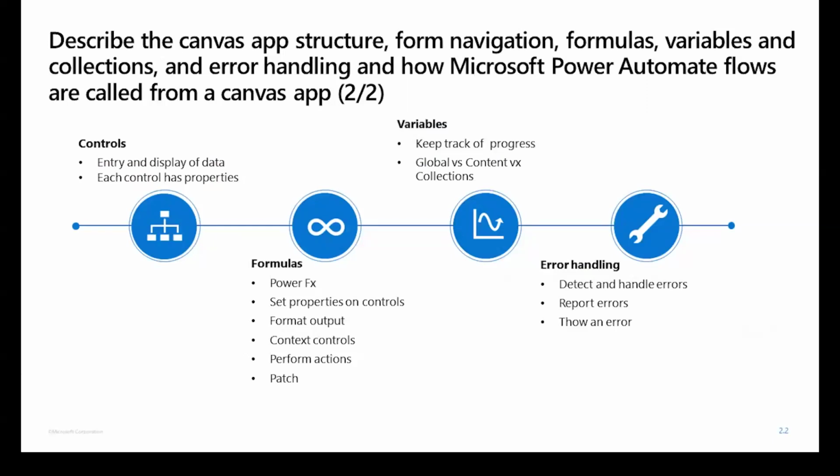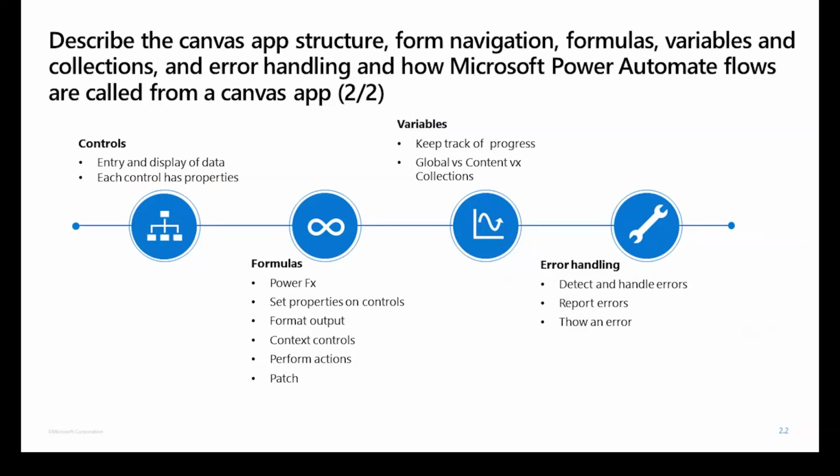We can use them to format the output and perform actions, such as creating records with the Patch function. To save yourself having to repeat formulas, we can use variables to capture values and set values, then use those variables in our formulas or in display controls.